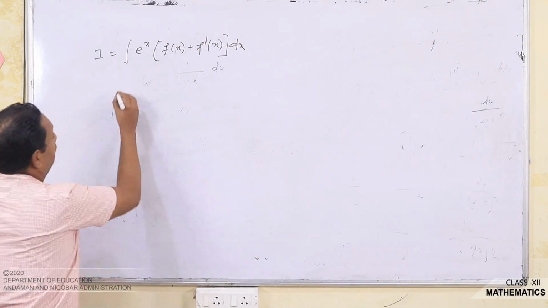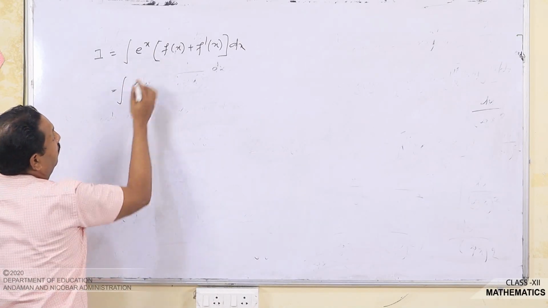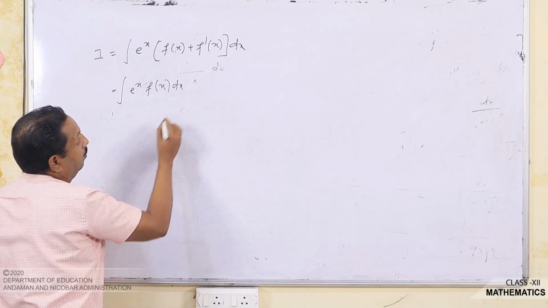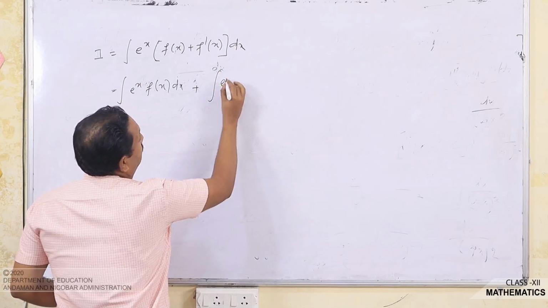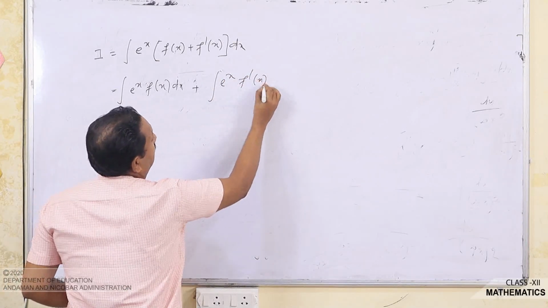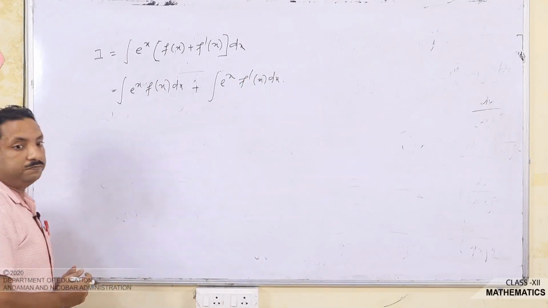Okay, let us see what we can do. That is integration of e power x f of x dx is one term, plus integration of e power x f dash of x dx is the second term.